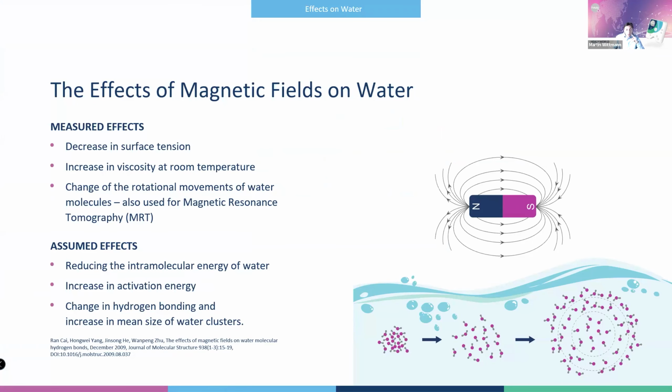So another quite interesting thing is the effects of magnetic fields on water. So we have measured effects, so the decrease of surface tension, for example, an increase in viscosity at room temperature, change in the rotational movement of water molecules, which I already explained is the magnetic resonance tomography, so MRT.